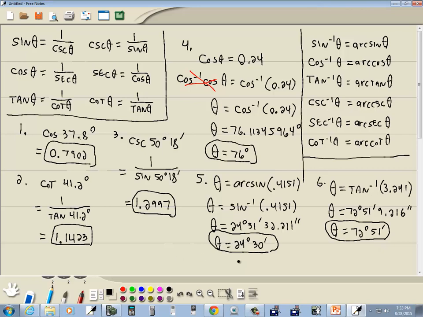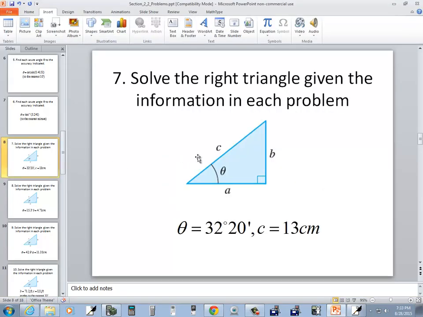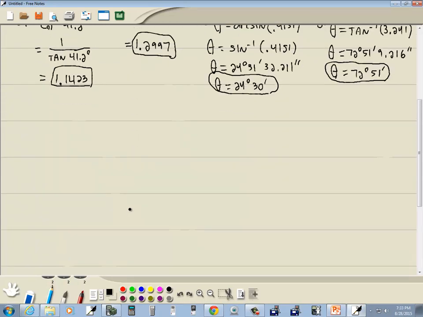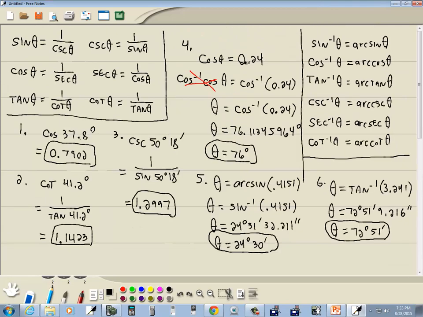Now these next problems revolve around some more formulas. We're given a picture here, and specifically it's asking us to solve the right triangle. So let's talk about that. And let me kind of clean this up because I don't need these formulas anymore, I don't believe.